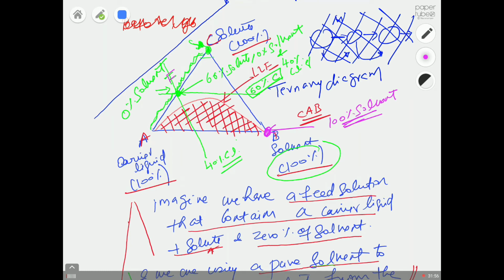Sometimes your solvent might contain impurities. That time it won't be exactly at the corner of the triangle. For the moment we are using 100% solvent, so we locate this point, and then we connect these 2 points. So that's your feed line.